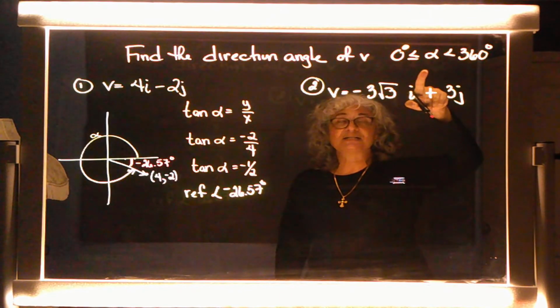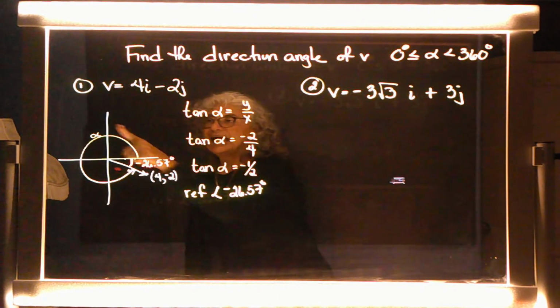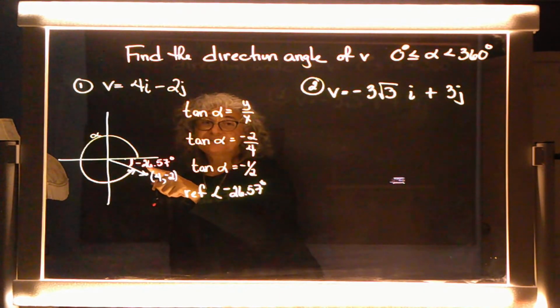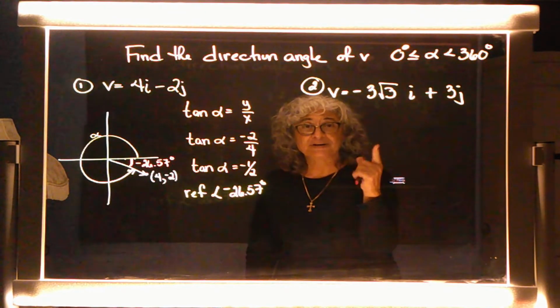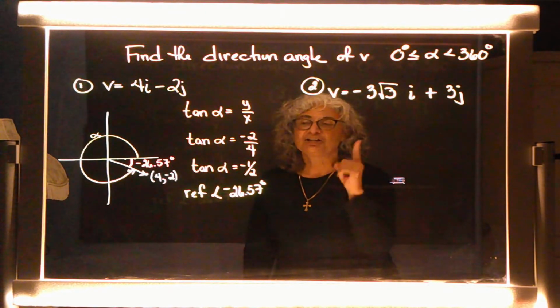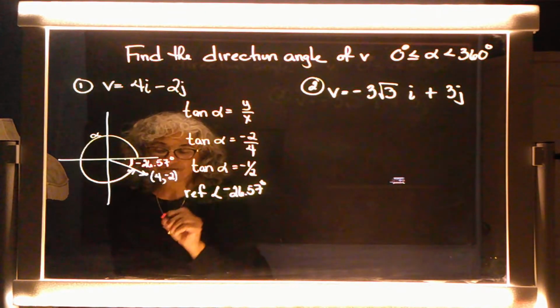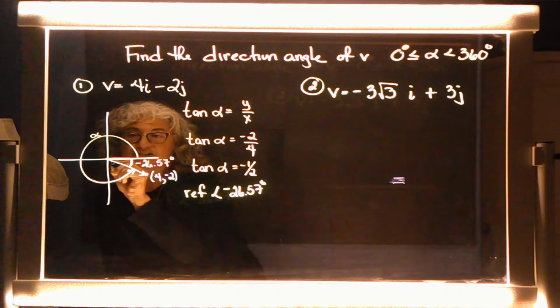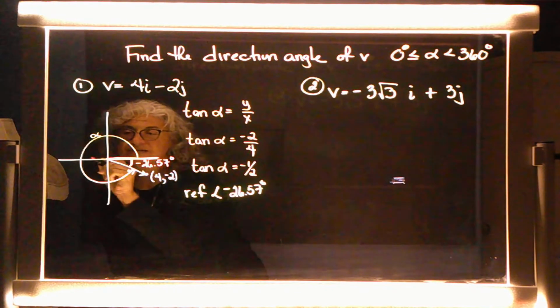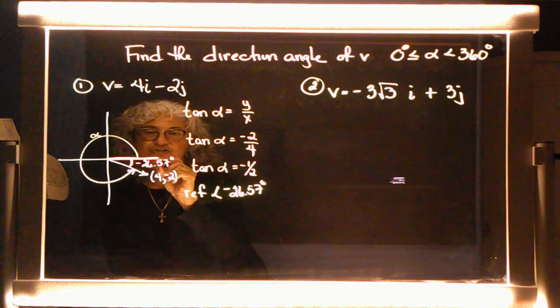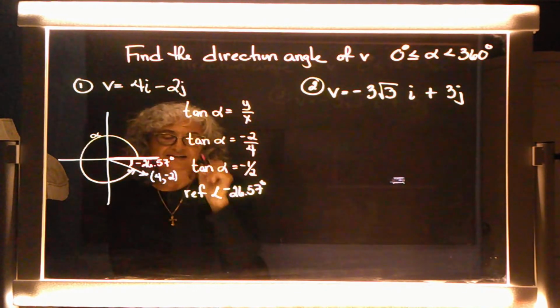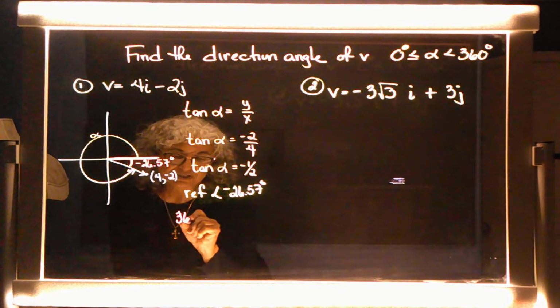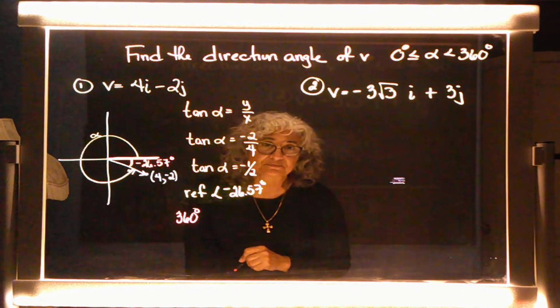So the question is, how do I get alpha? Because I didn't find alpha, I found the reference angle. How do I find alpha? Good. Some of you remember, the reference angle is always from the x-axis, be it the positive side or the negative side. So in this case, this is going to be 360 degrees.